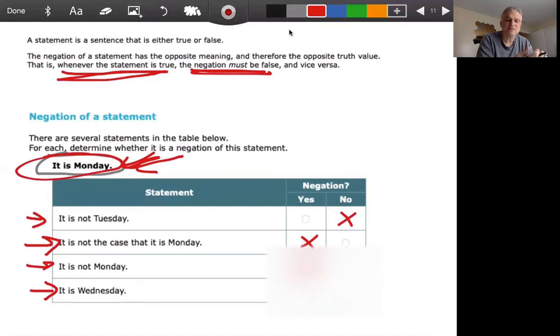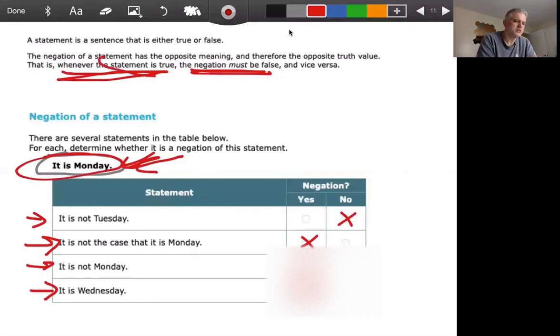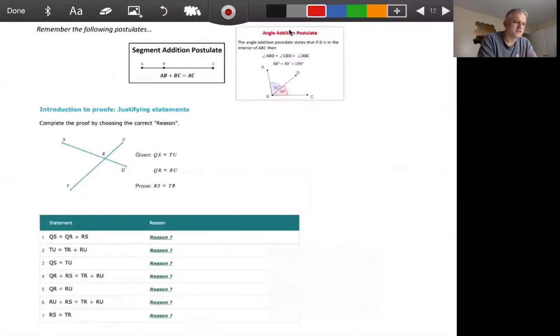So even though it doesn't have the word not in it, that's a negation too. Again, go back to this statement up here. Whenever the statement is true, the negation has to be false and vice versa. So the truth value is going to be the opposite. Fun stuff, fun stuff.